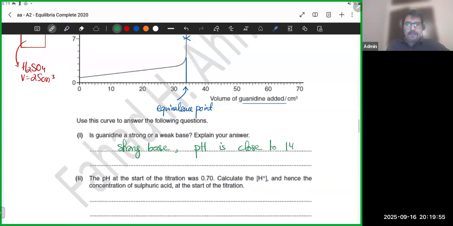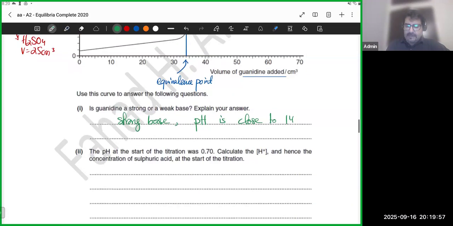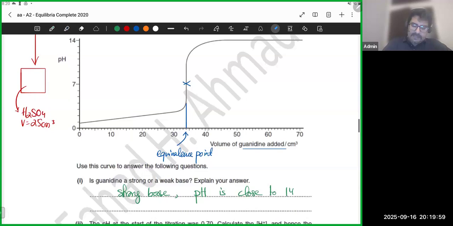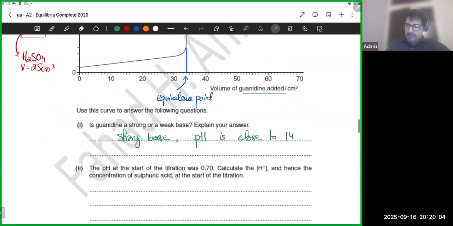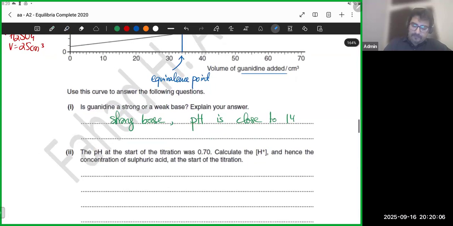Then he says the pH at the start of the titration, when you had sulfuric acid in your flask, is 0.7. So this pH over here is 0.7. How do you go back? If pH is 0.7, that means your H plus concentration will be 10 to the power minus 0.7.